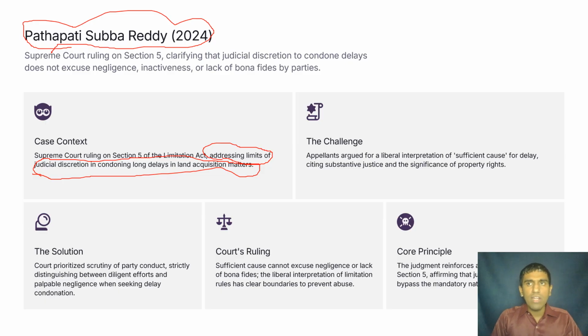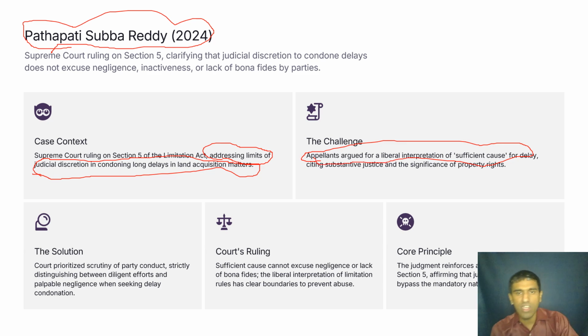So appellants, apparently, the case had been dismissed by the lower courts due to the cases being barred by limitations. So the appellants had filed an appeal before the Supreme Court where they had argued for a liberal interpretation of the clause sufficient cause of delay specified in this section, and they had cited that establishing right of property regarding land takes an extraordinarily long amount of time.